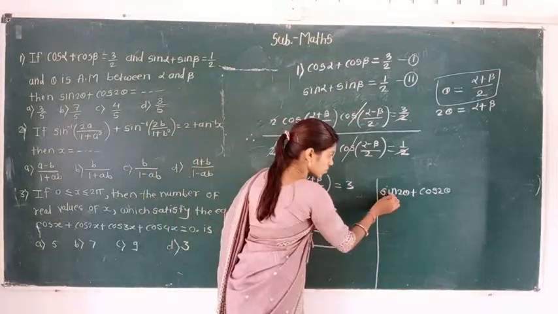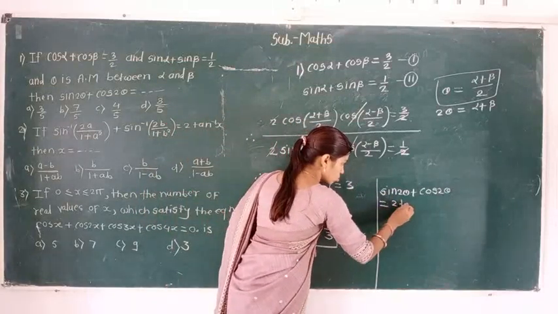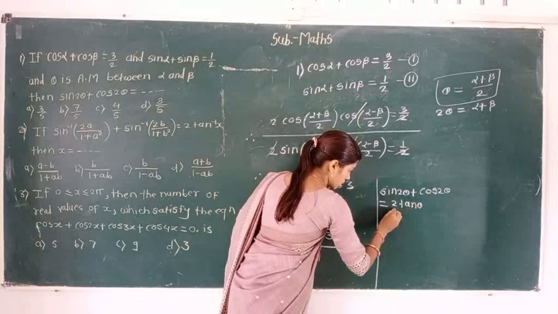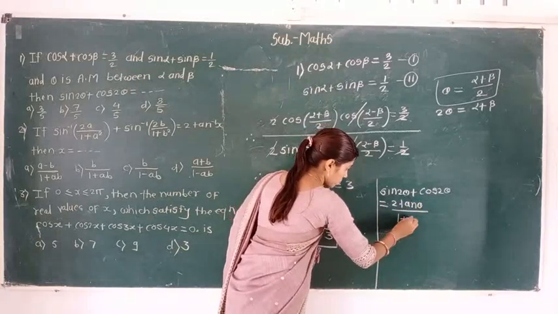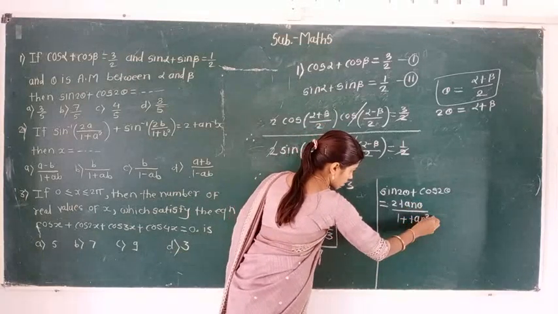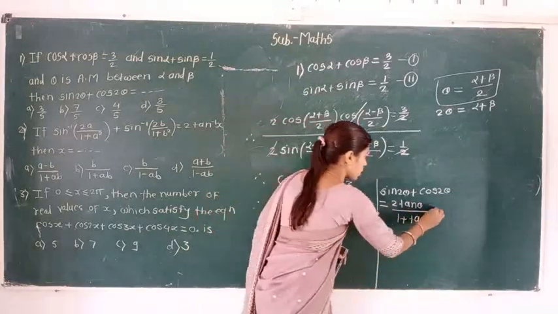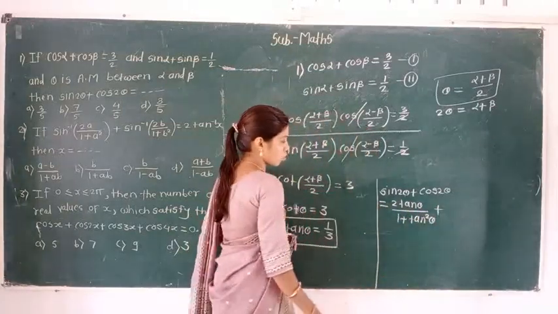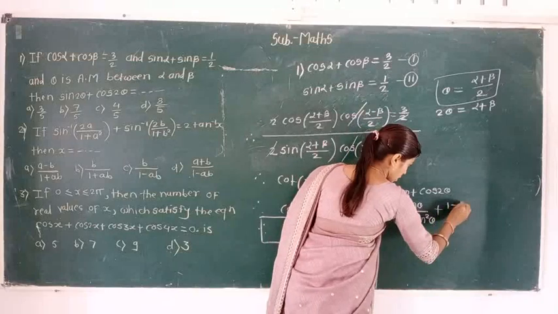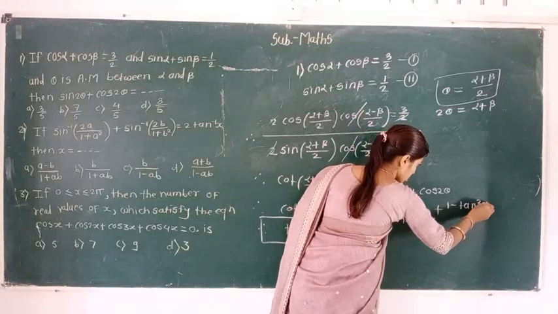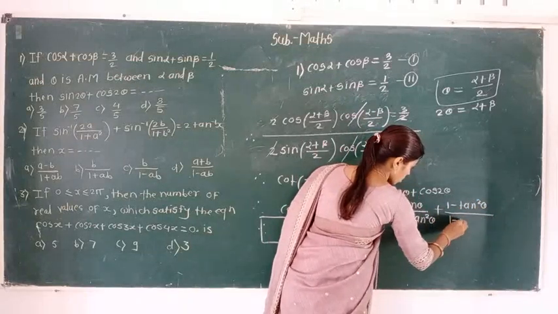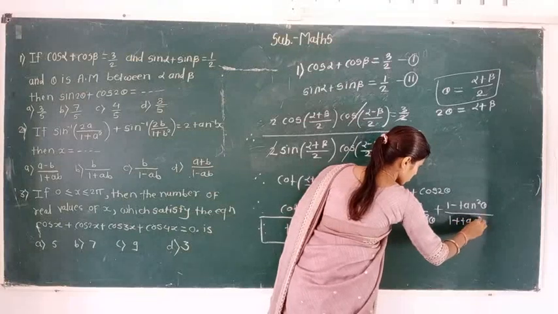The formula for sin 2 theta is 2 tan theta divided by 1 plus tan square theta, and the formula for cos 2 theta is 1 minus tan square theta divided by 1 plus tan square theta.